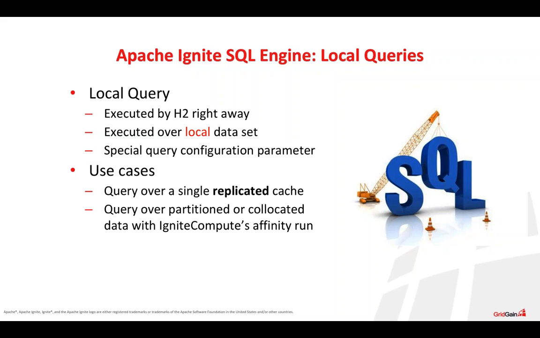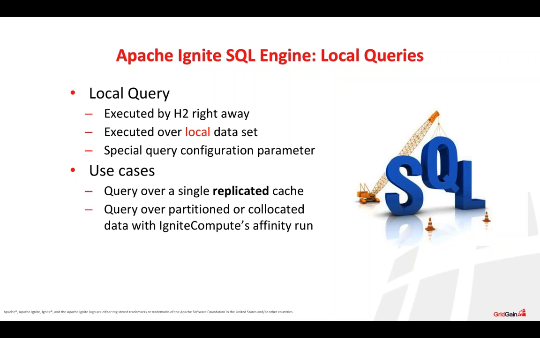And the other applicable use case is when you know that you have a number of caches, and you collocated all the data among all these caches, and you just want to send an Ignite Compute distributed closure to a specific node and execute some local SQL query as a part of some complex execution implemented by a distributed closure.